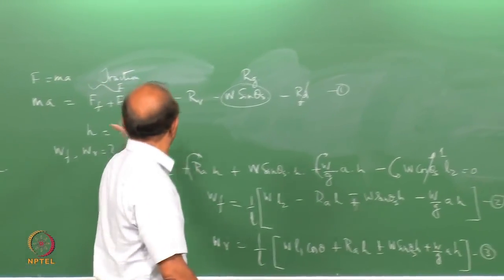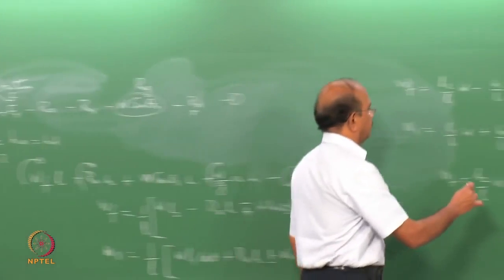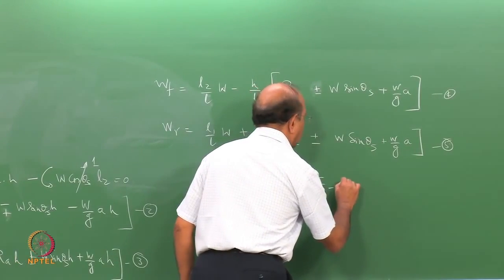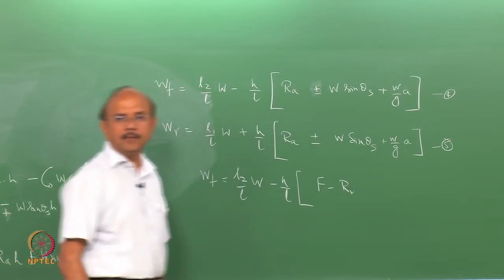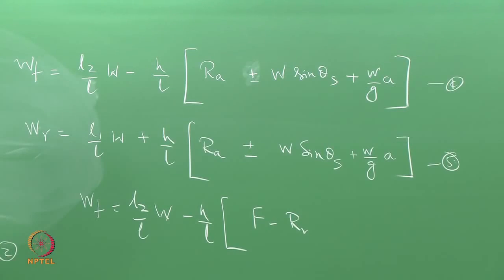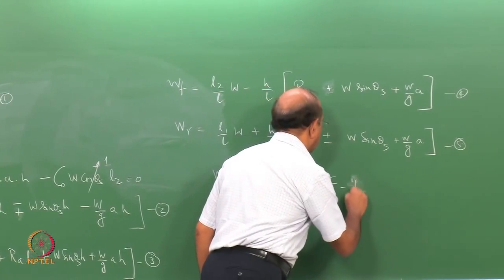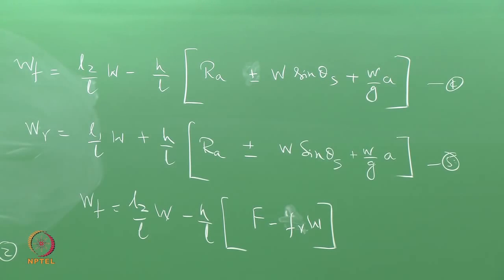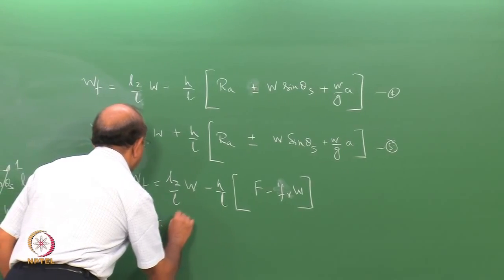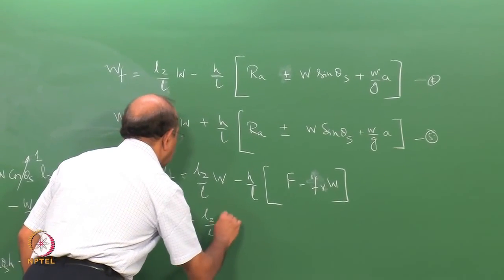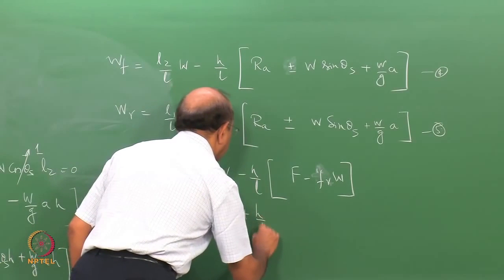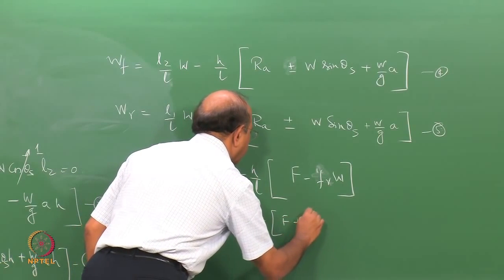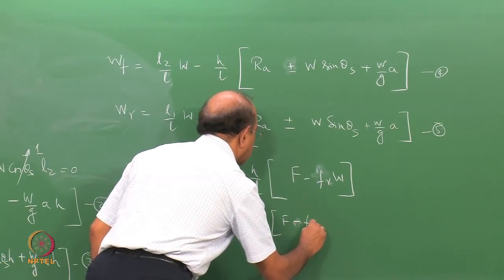So, F minus RR, which I will replace by FR into W. Obviously, WR will be L2 by L into W plus H by L into F, plus, F minus.